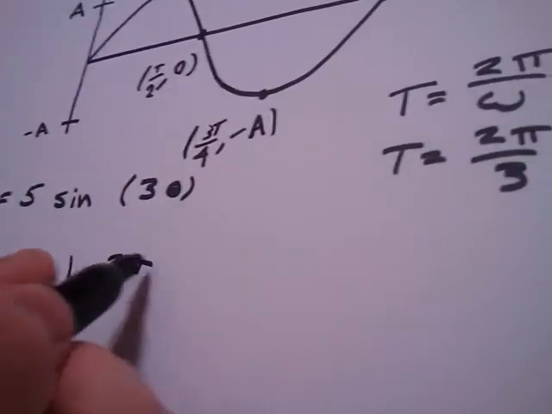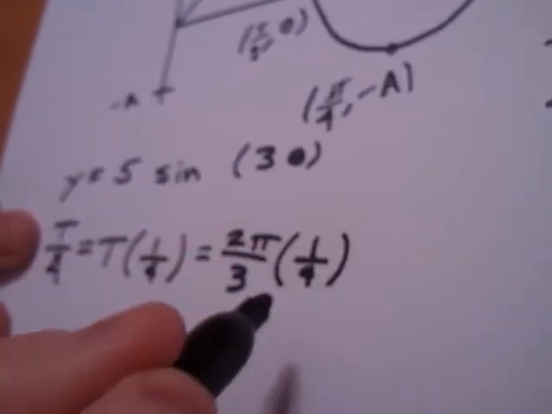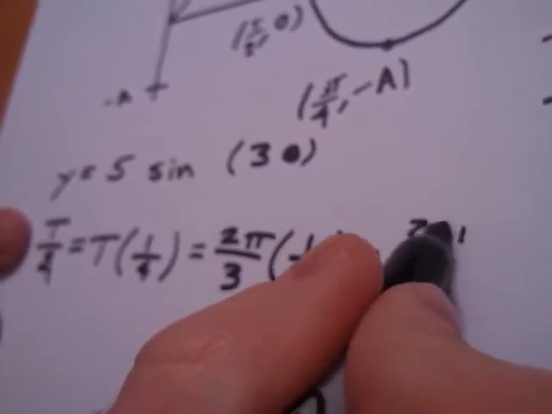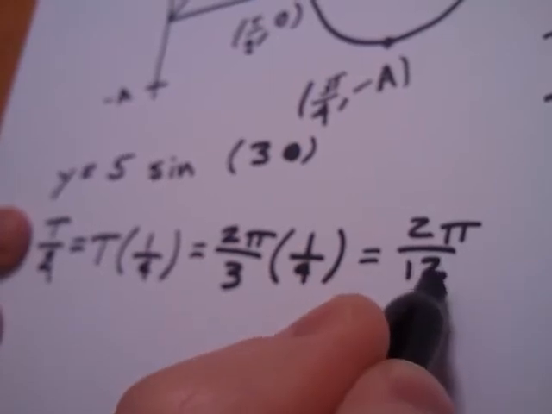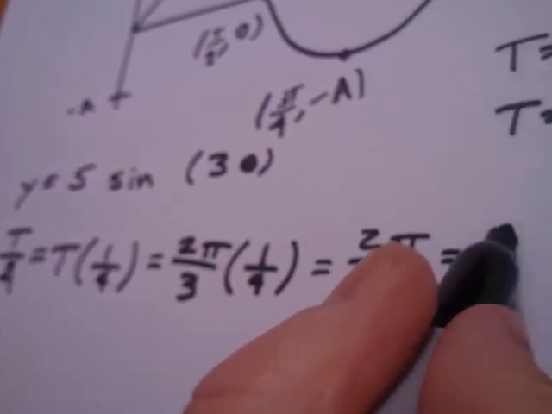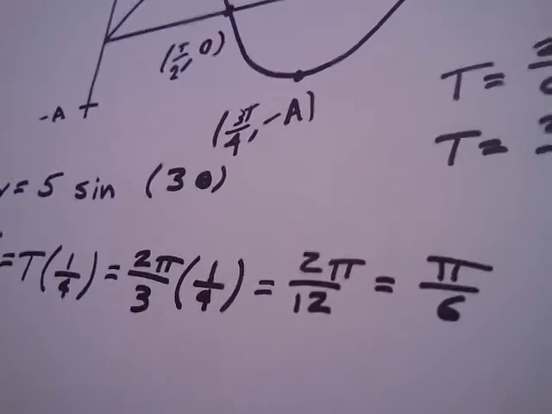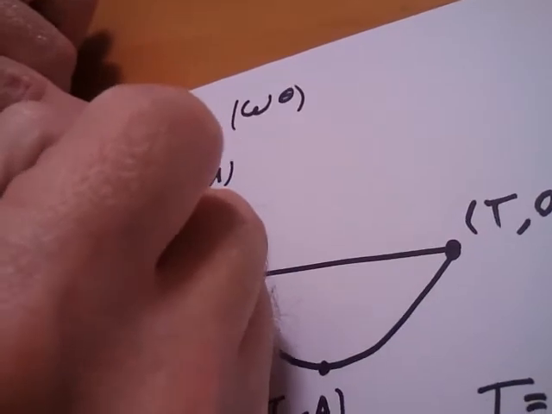I've got 2 pi over 3 times 1 over 4. Multiply across. 2 pi is on top because 2 pi times 1. 3 times 4 gives us 12. And then we can reduce to simplify this. We just get pi over 6. So our first coordinate here, the x, would be pi over 6.